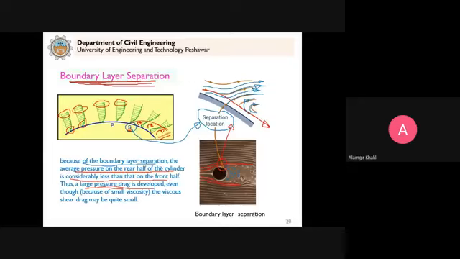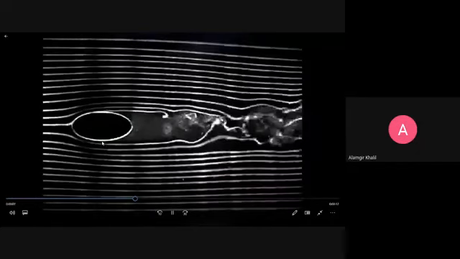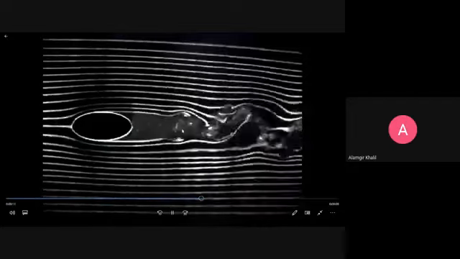You can see the flow past this object here. You can see this flow which is shown here. Flow past an ellipse. So you see that the flow has separated here. Separation has taken place here. So what will be the effect of this?